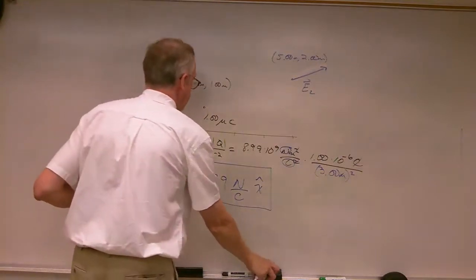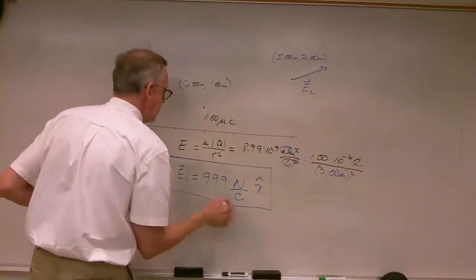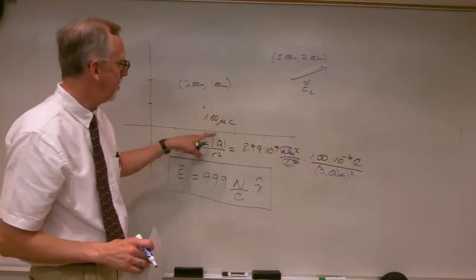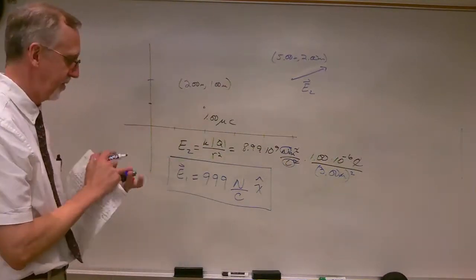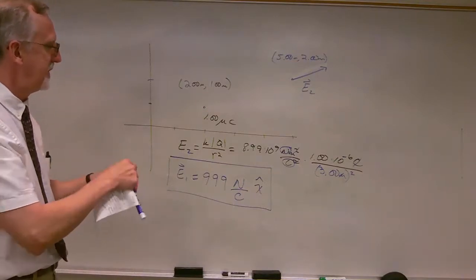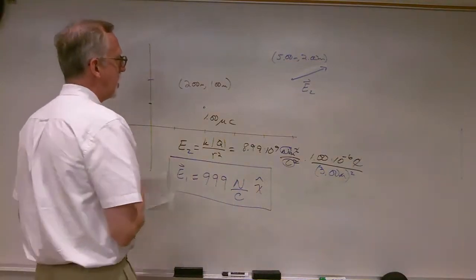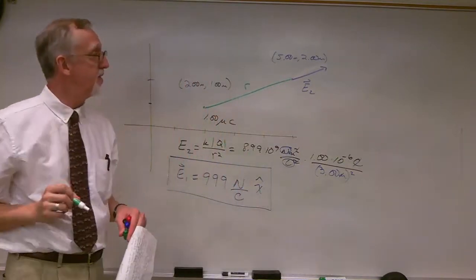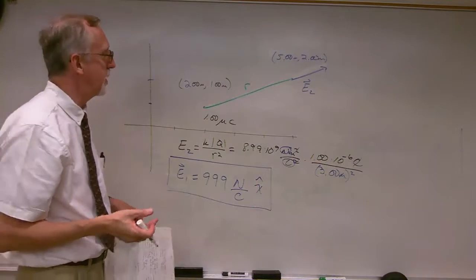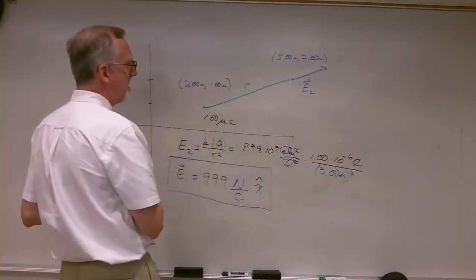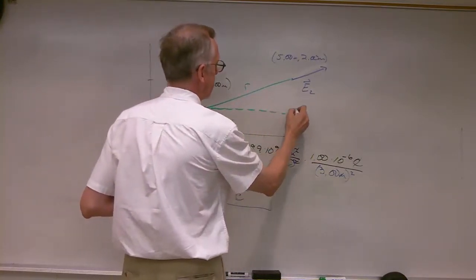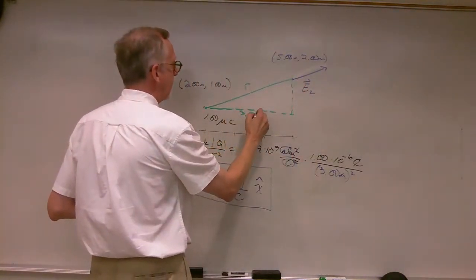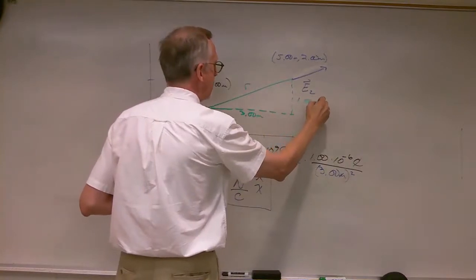So what do we get? Again, we know that E2 is going to be kq over r squared. So do we get the same number? Well, no, because r is going to be different. R, again, the distance from the charge to the point at which we're calculating the electric field, is going to be different than the 3 meters that we had last time. So how do we figure out r? Well, we're going to have to use Pythagoras here. We've got a triangle where this side is 3 meters and this side is 1 meter.